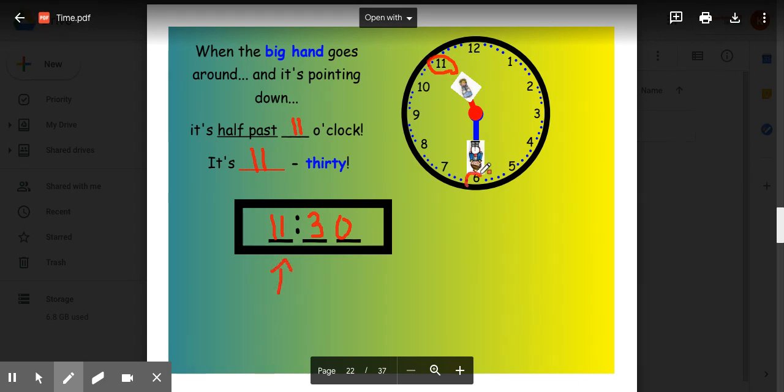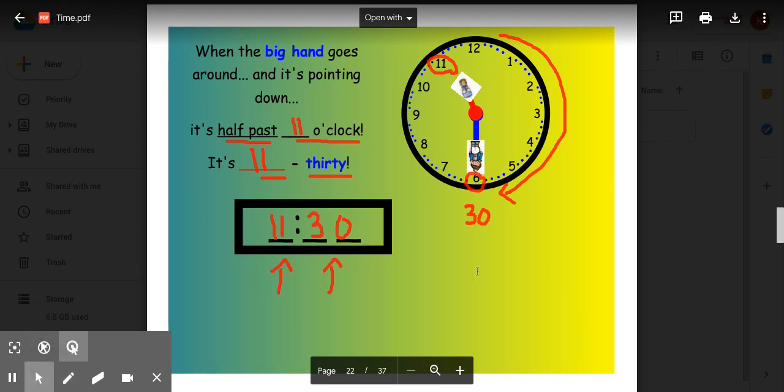And the minute hand is pointing down, so I know the minute is 30. When the minute hand is pointing down, it's always 30. The minute hand is halfway around the clock, so it is 11 o'clock. It's 11:30.